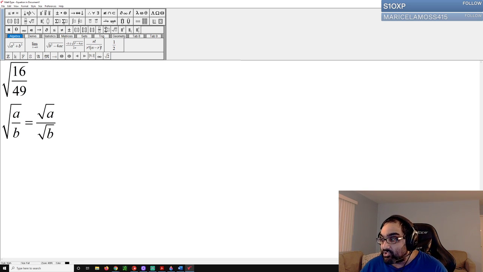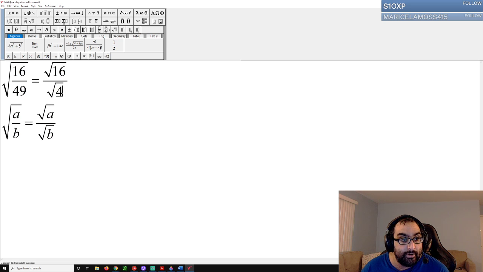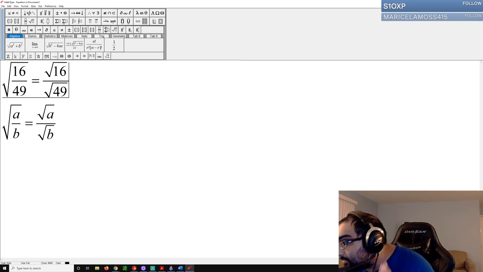In your example, you can have the square root of 16 and the square root of 49 on the bottom, and then take it as two separate problems altogether.